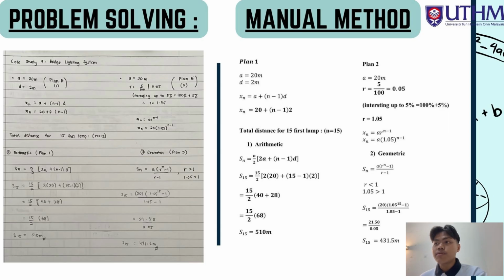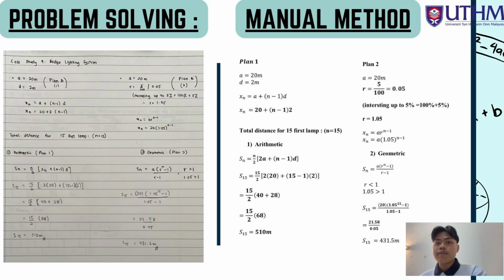The second question is also the same. We have to find the total distance for the first 15 lampposts, and as we know, in geometric progression we have two types of formula, depending on whether our ratio r is bigger than 1 or less than 1. For now, our ratio is 1.05, which is bigger than 1. So our formula will be a times (r to the power of n minus 1) over (r minus 1).